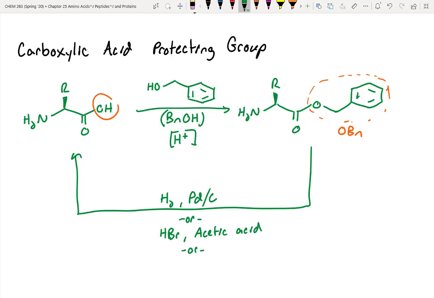Or if you don't want to do that, you can use sodium hydroxide and H2O. Oftentimes, the method you use depends on whether or not you have any sensitive functional groups that are sensitive to acids or bases. So you might want to select the deprotection scheme that is suitable for your amino acid side chains.